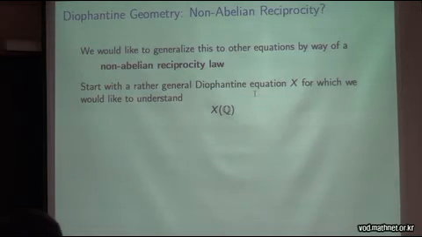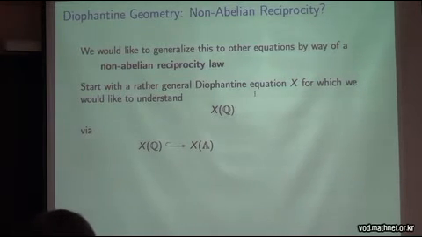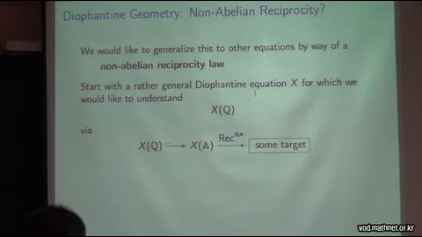That is to say, you can start with a rather general Diophantine equation, and you would like to understand the set of rational points, and you'd like to do it, as Rika mentioned earlier, by putting it inside the adelic points, which has a more general analytic structure in addition to the arithmetic geometric structure. But then try to define a non-abelian reciprocity map.